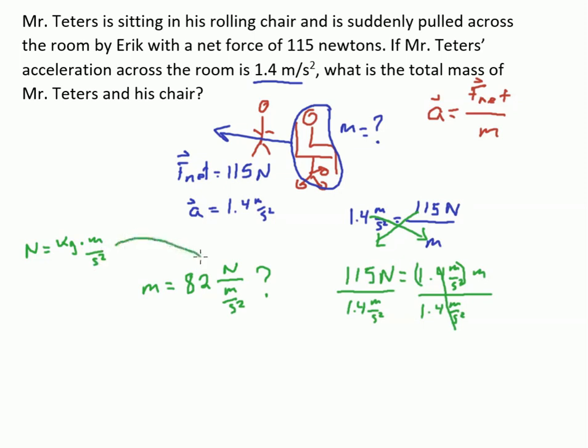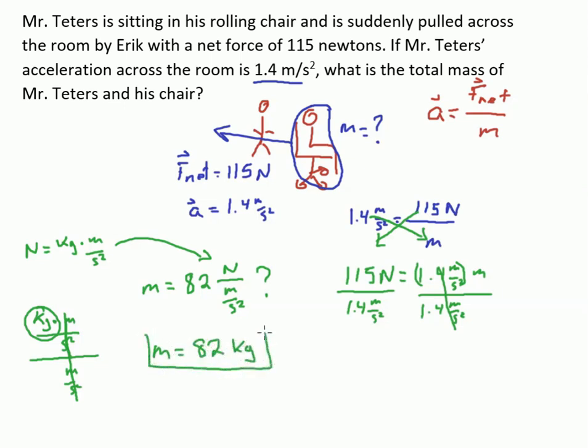So if I plug that in place of the newton, kilograms times meters per second squared, all divided by the meters per second squared from right here, those cancel out, and that leaves me with kilograms. That makes sense. So 82 newtons per meter per second squared is actually just 82 kilograms. That's the mass of Mr. Teeters and my rolling chair all together.